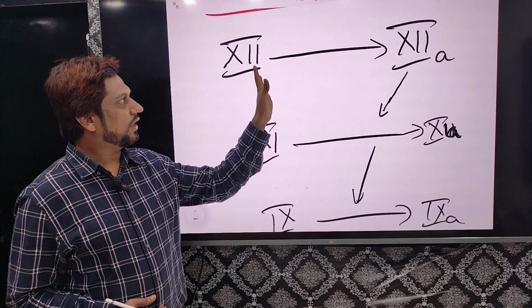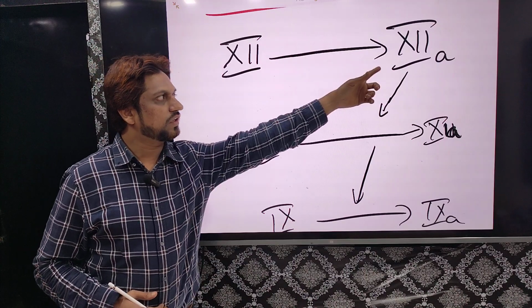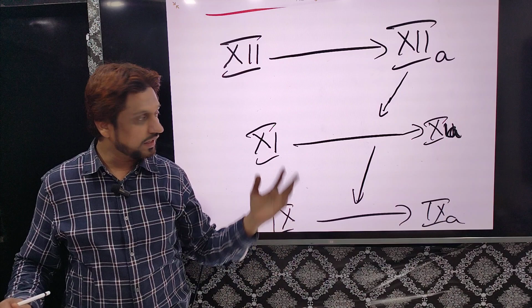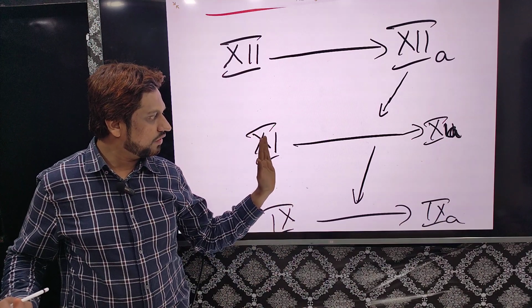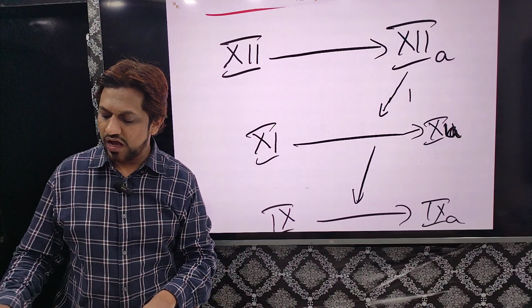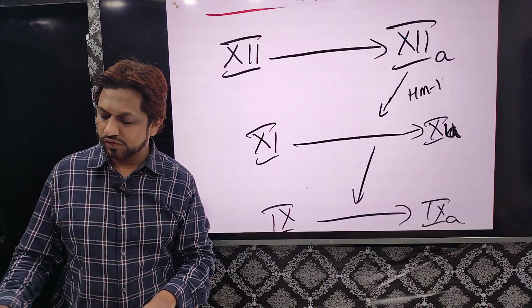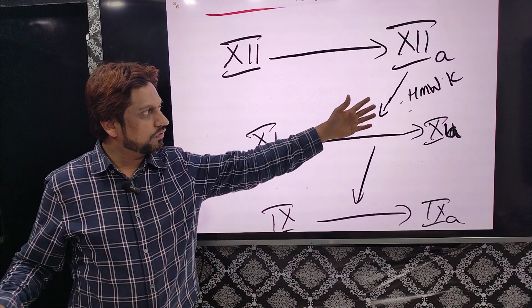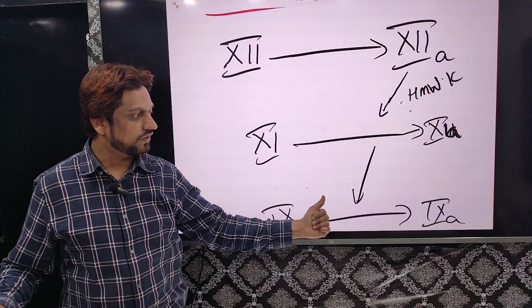So factor 12 gets activated as activated factor 12. Then this will catalyze the inactive factor 11 to active factor 11. For this, high molecular weight kininogen or prekallikrein is also used for this particular reaction.